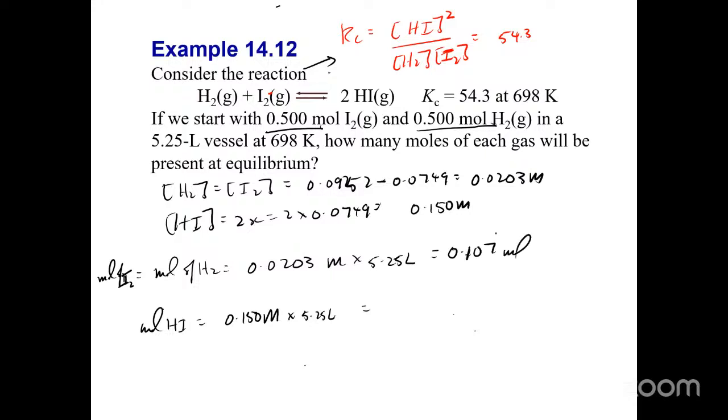And for the other one, 0.736 times 5.25, so 0.788 moles. So these are the answers here and here. Okay, so that's basically how that is done. All right? Any questions about this?